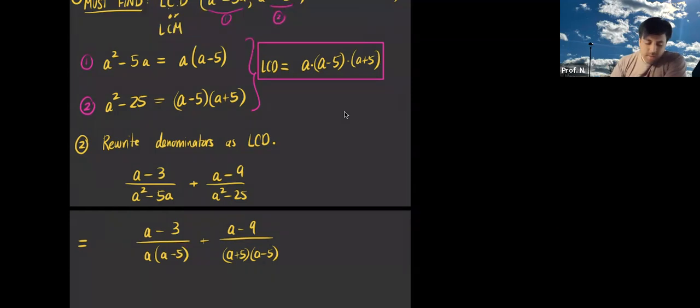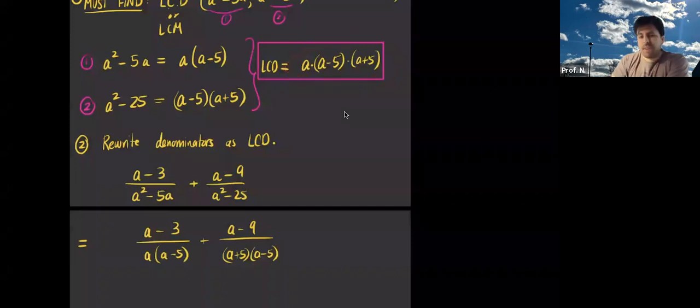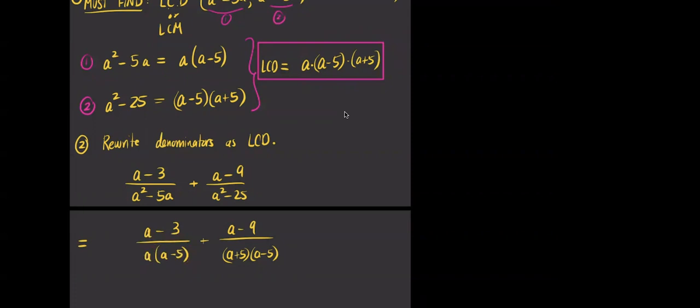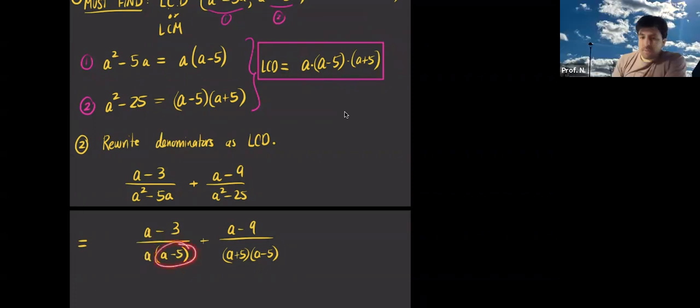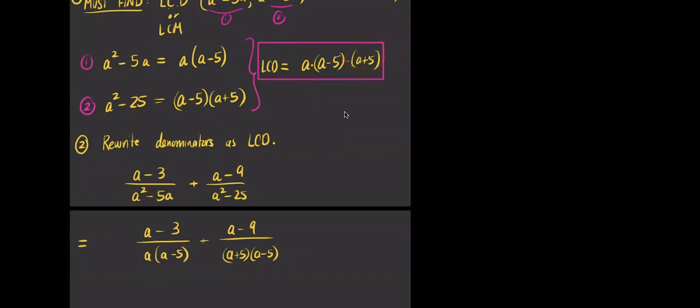So in this first denominator, we have a and a minus 5. The LCD is a, a minus 5, a plus 5. So what's the only thing that's missing in order for this to become the LCD? Well, it has an a minus 5. But what is it missing? I mean, a plus 5. So it's missing an a plus 5.